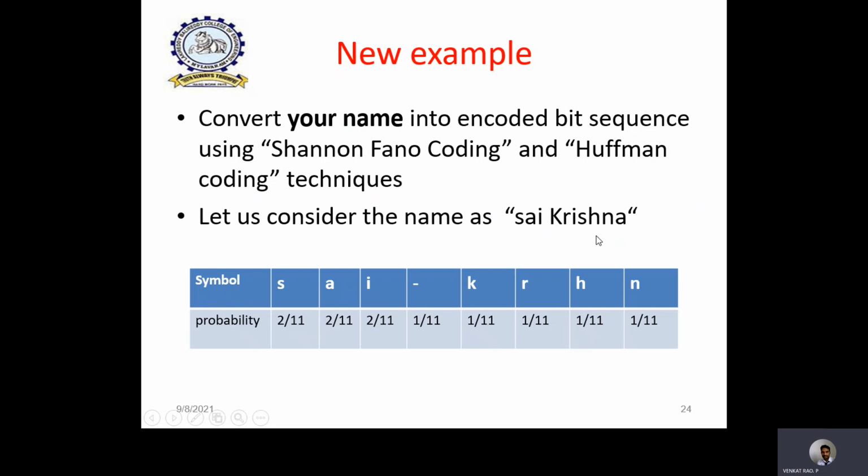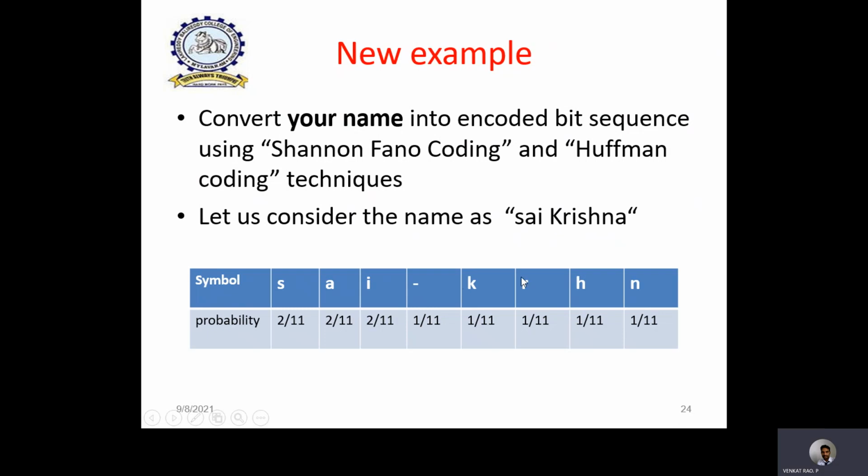The first step is that from the message we need to identify the number of distinct symbols. Distinct symbols means if a symbol is repeating, it will not be counted 2 or 3 times, only 1 time. For example, how many symbols are there? S, A, I, and the space will be represented like this.